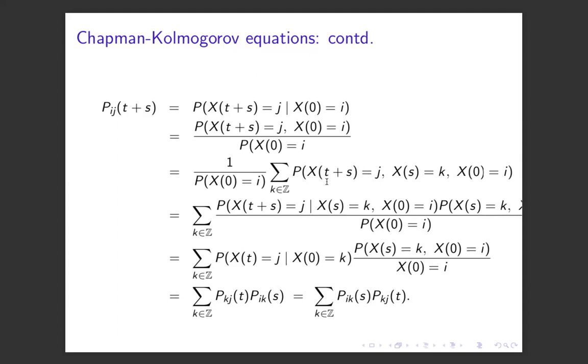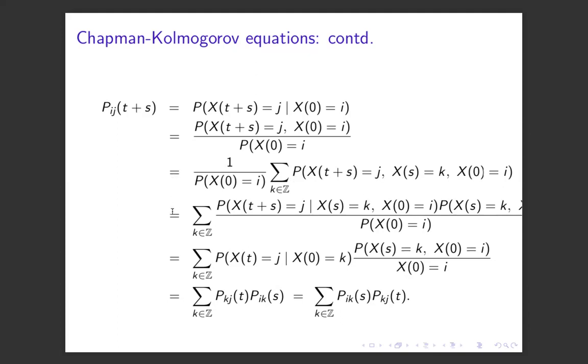Now, this is the probability of this event intersection this event. You can write the probability of this intersection as the probability X_{t+s} equal to j given these two, multiplied with the probability of the other event.